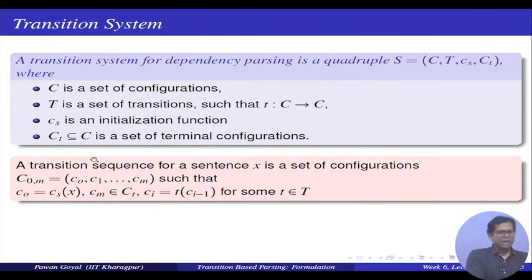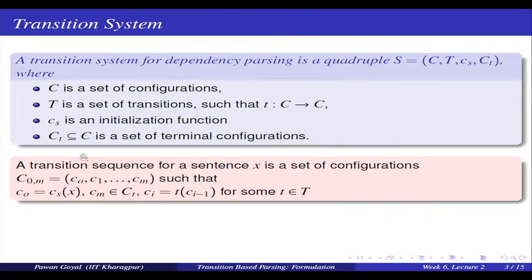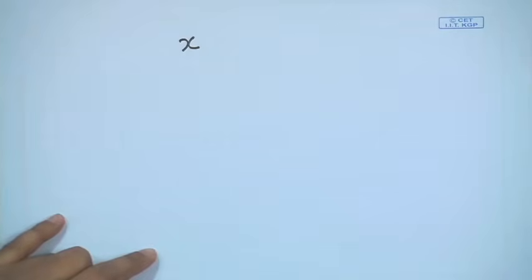Now, whenever you are given a sentence X, what is my transition sequence? Its sequence will be a set of configurations starting from C0 to Cm, and what are the conditions on those? C0 is something that you can derive from the sentence. Suppose X is the sentence that you are giving as input, and you want to find out its dependency graph.